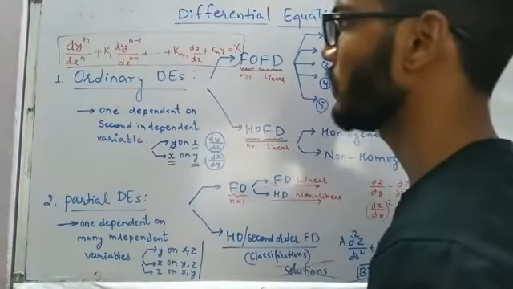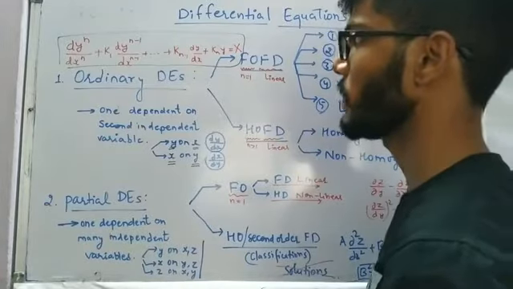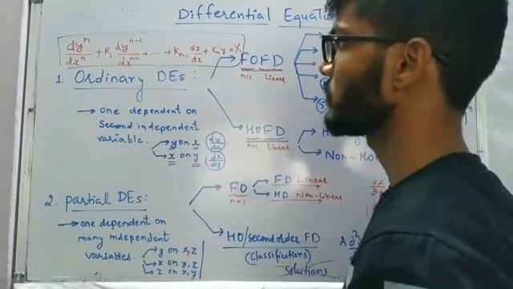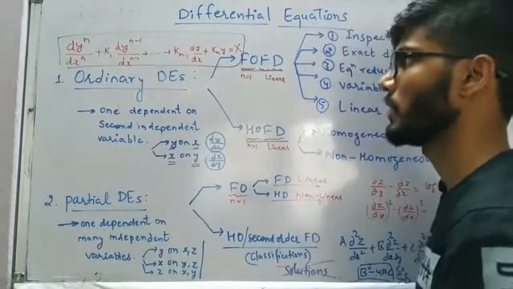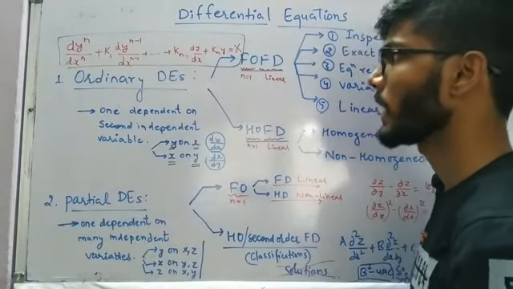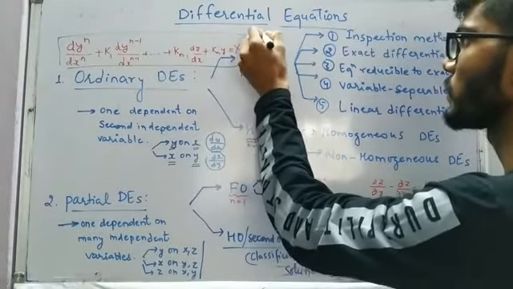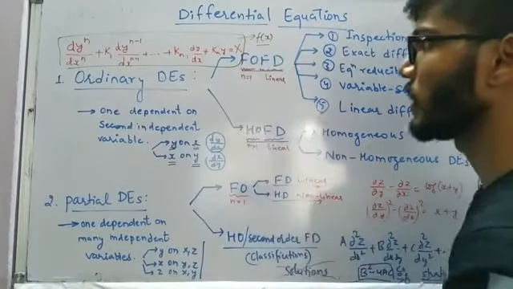So this is going to be a standard form of ordinary differential equation: d^n y by dx^n plus k1 d^(n-1) y by dx^(n-1) and up to kn y is equal to capital X. So this capital X is going to be the function of small x.